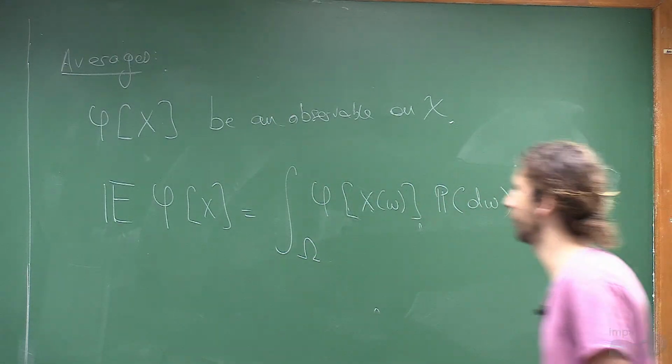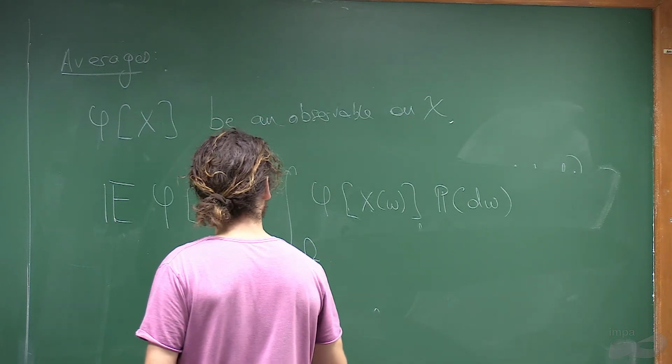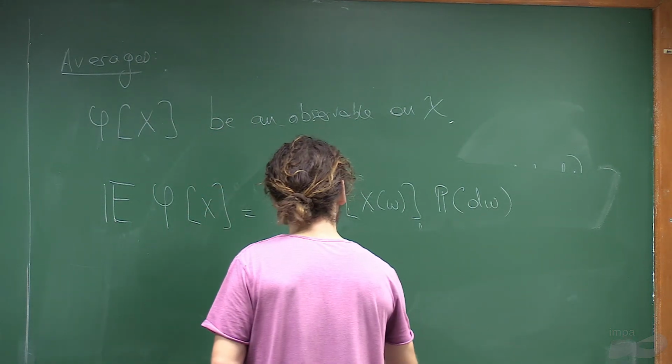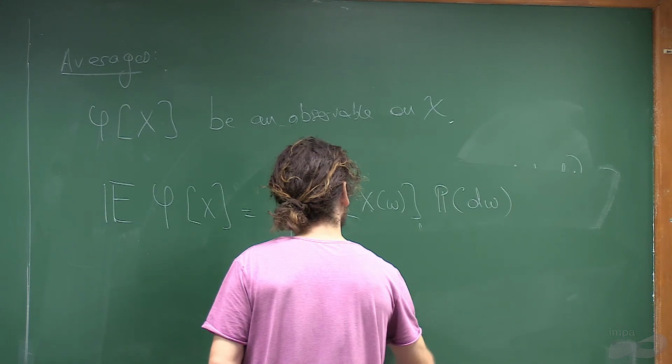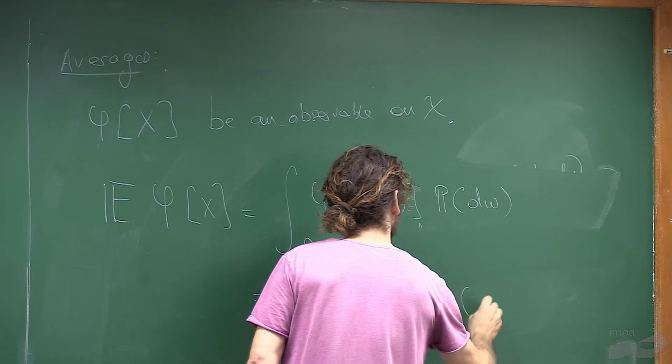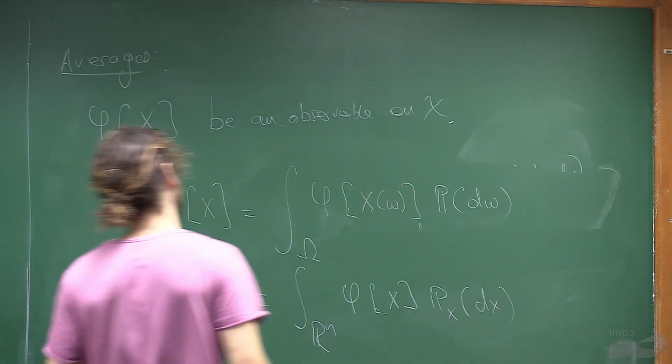Or it's also an average here on Rn of phi of x Px of dx.